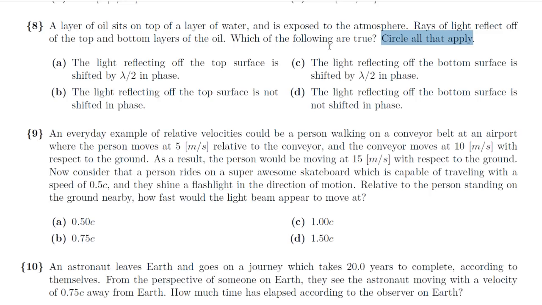These first two answers relate to the light that reflects off of the top surface, and the last two answers relate to what happens on the bottom surface. So here, this is a thin film problem. Technically, we don't even need to consider it as a thin film. We just really need to consider what happens to the light when it reflects off of the surfaces more than anything else. But you can make this into a thin film problem.